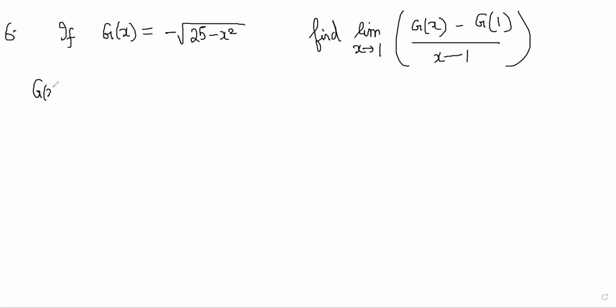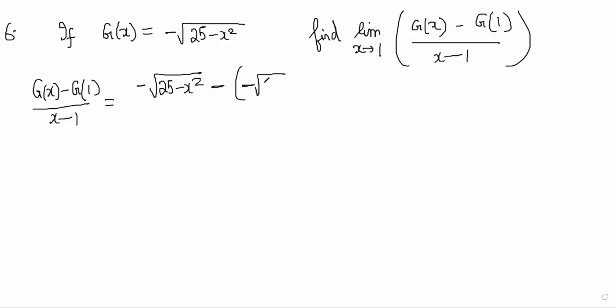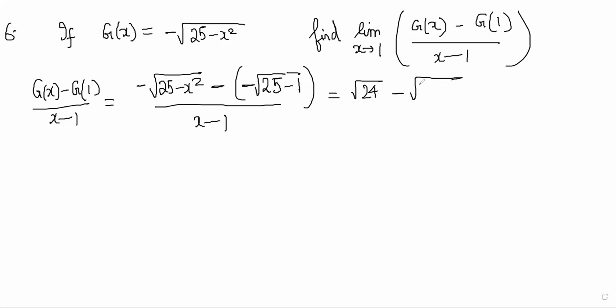So this g of x minus g of 1 by x minus 1 is basically minus root of 25 minus x square minus g of 1, which will be plus root over 25 minus 1, by x minus 1. So this will become plus root 24. So root 24 minus root of 25 minus x square, by x minus 1. So just rationalize that.